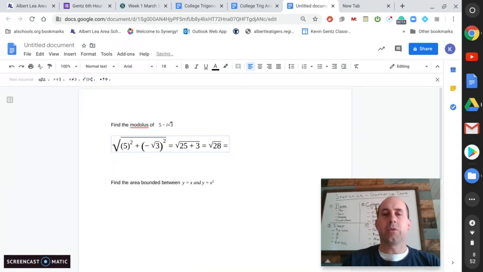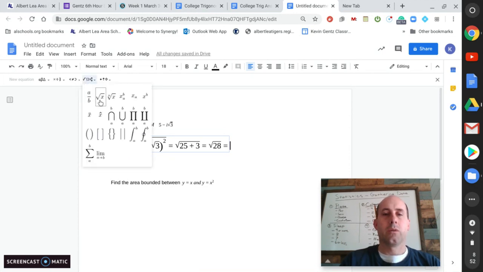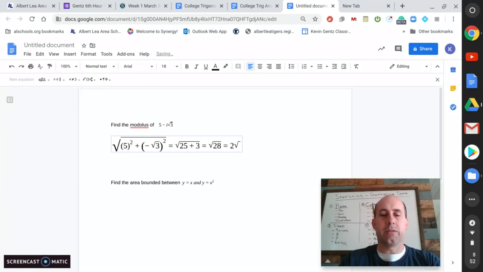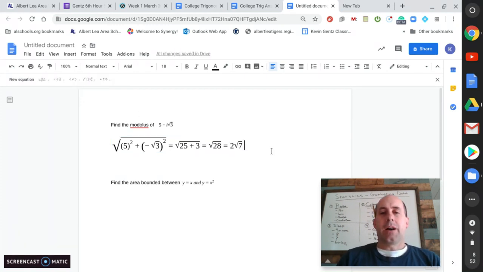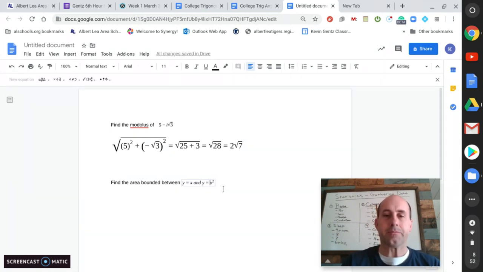And you know that the square root of 28 reduces to 2 roots of 7. So you can see I have on my work there then for finding the modulus of 5 minus i root 3. And so there we have it. I found using the other equation editor a lot easier. But this is where we're at.